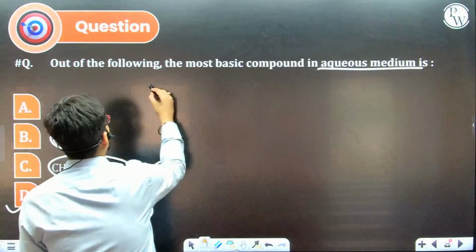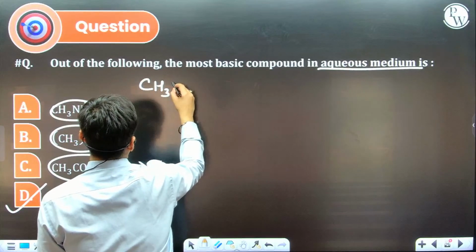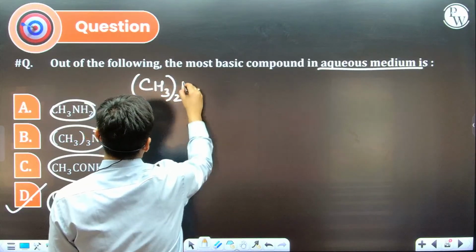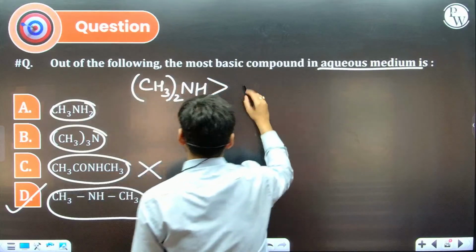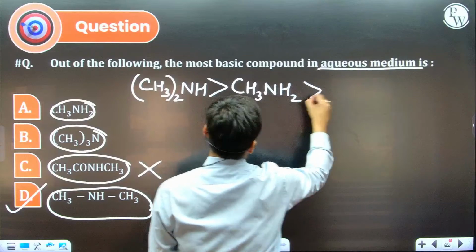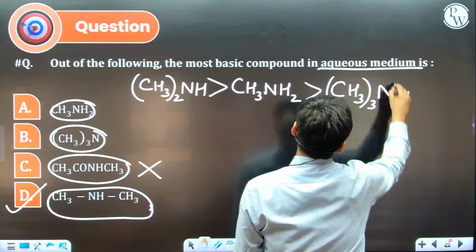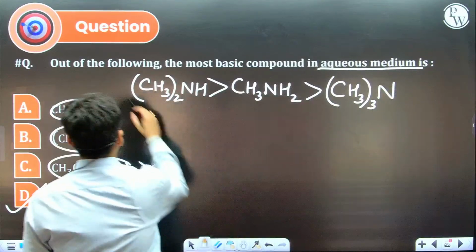If you remember, this is the correct order of basic strengths in aqueous medium. CH3 twice NH is the most basic amine, followed by this, and then the least basic is this. This is the order of basic strengths in aqueous solution.